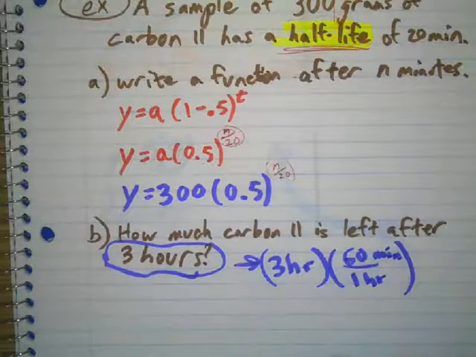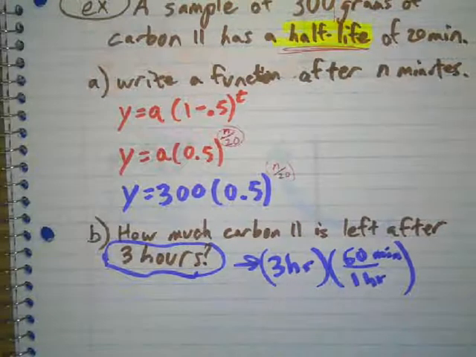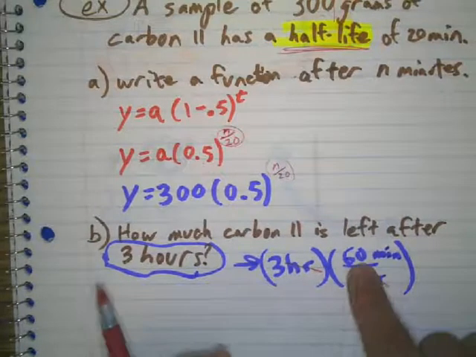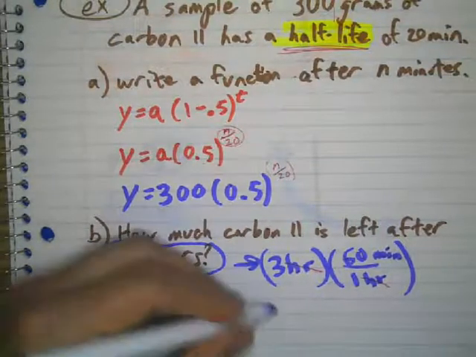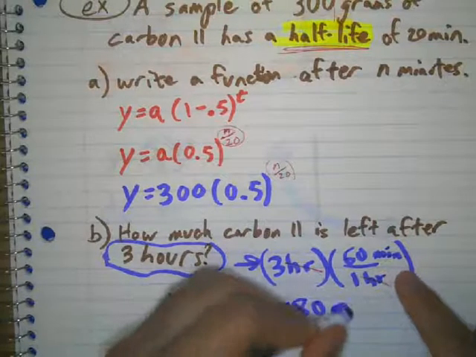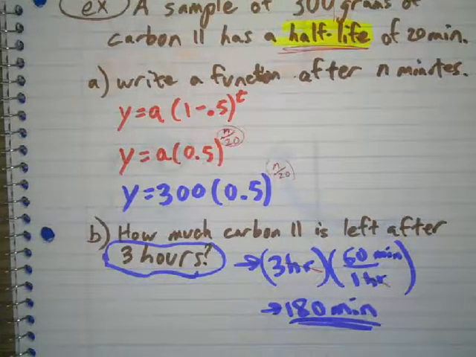So if I do this calculation, we end up with 3 times 60, which gives me 180 minutes, right?